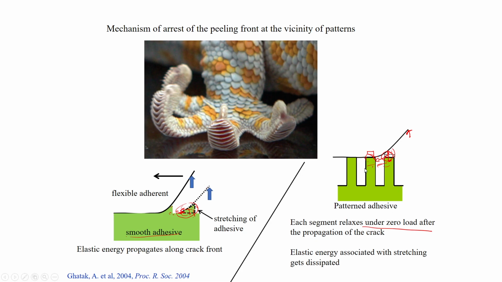So, that basically is the physical mechanism over here: the elastic energy front cannot propagate continuously, that energy remains localized, it has to get dissipated over here, and then the next portion of the film has to store and develop elastic energy once again. So, the external load has to do more work in order to propagate this crack or drive this flexible plate, and like that.